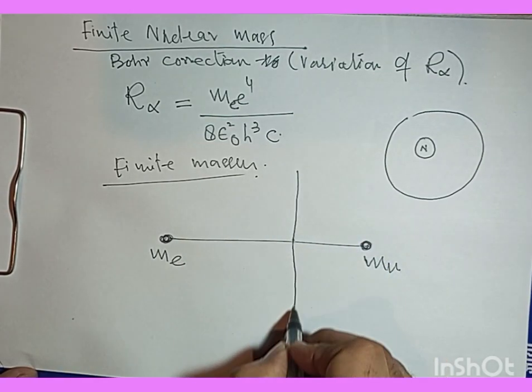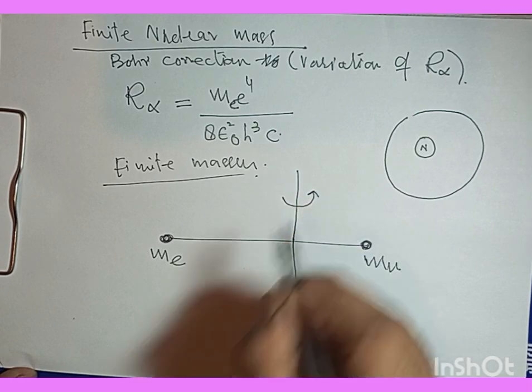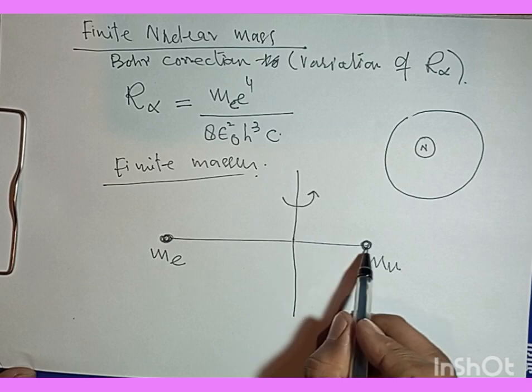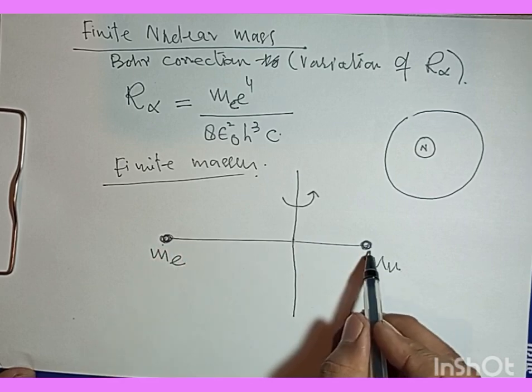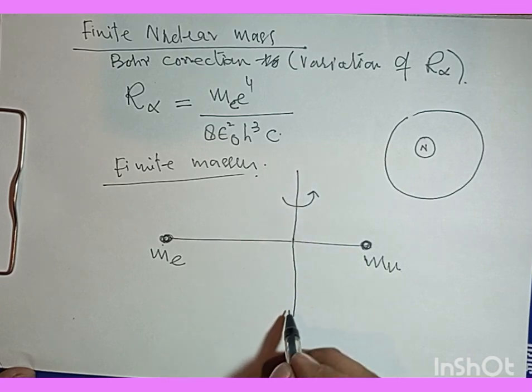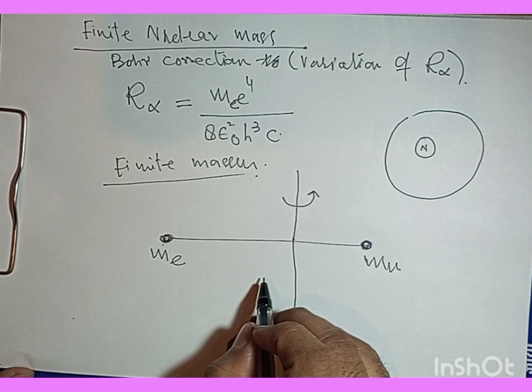Suppose this is the point of center of mass. This system of an electron and the nucleus will rotate on a common axis of rotation, and this will refer to its center of mass.